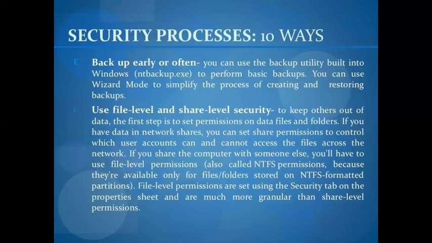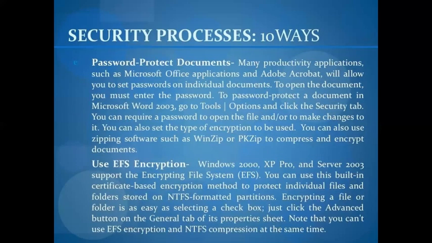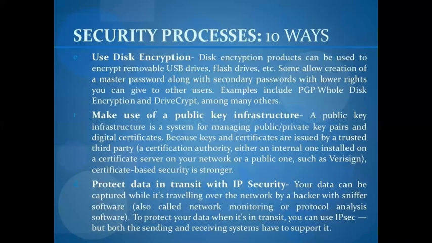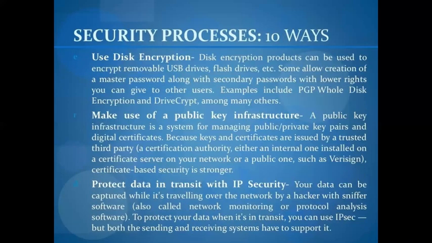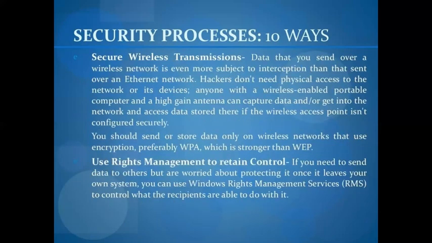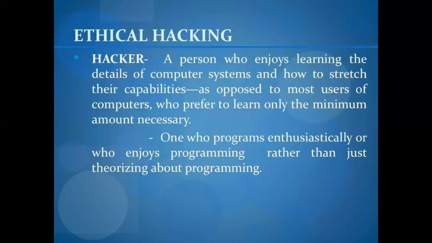Ten ways are there: backup early, open use file-level and share security, password protect documents, then EFS encryption, use disk encryption, then make use of public key infrastructure, protect data and transmit over IP, secure wireless transmission, use rights management. Then ethical hacking is given in brief.